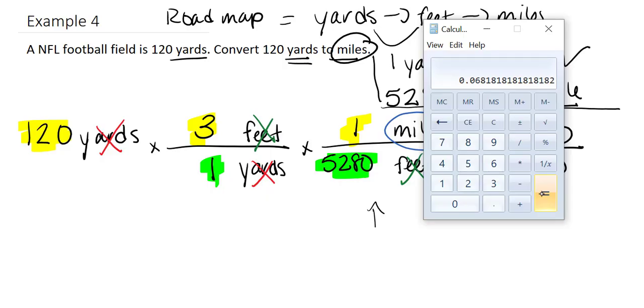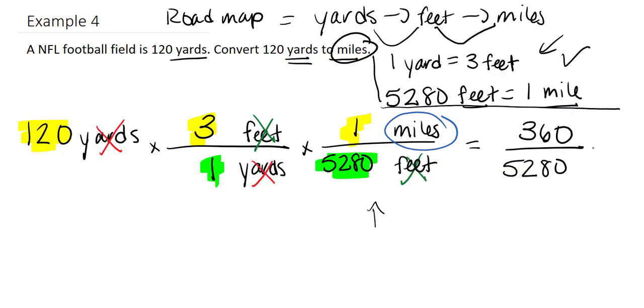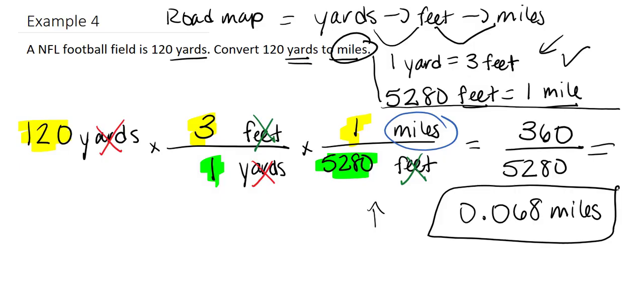So let's take it to the third decimal place. So we're going to end at 0.068. So this is 0.068 miles. So that is how long an NFL football field is in miles.